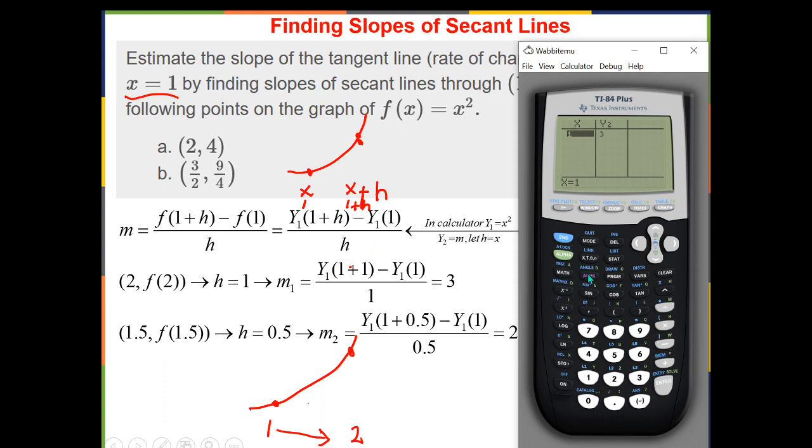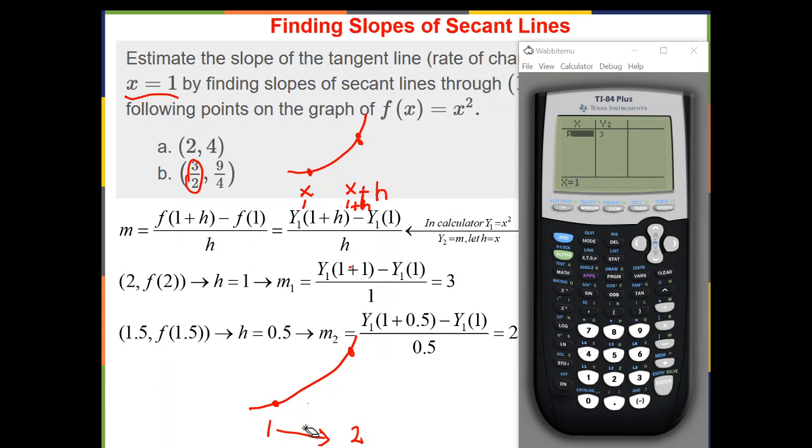Okay? Now, what if instead of 1 unit away, I want to be at 3 over 2, which is 1.5? So I want to go to the left of 2, to the right of 1.5, because 1 is over here.